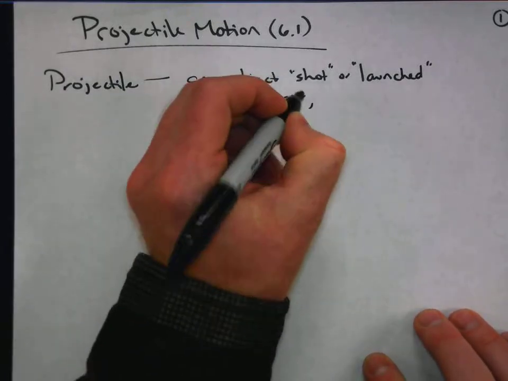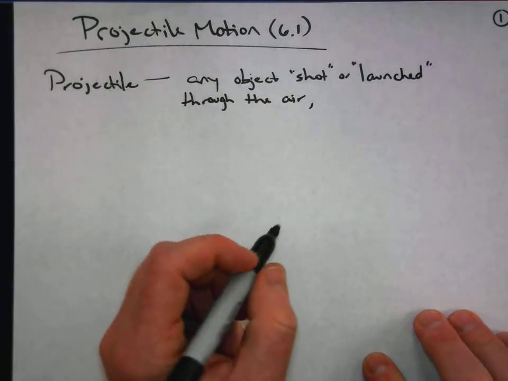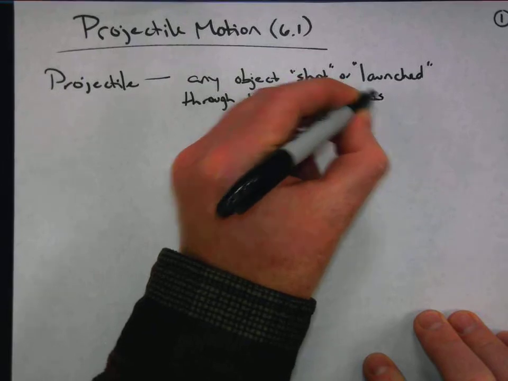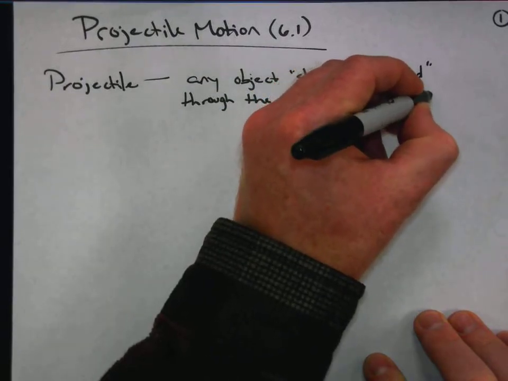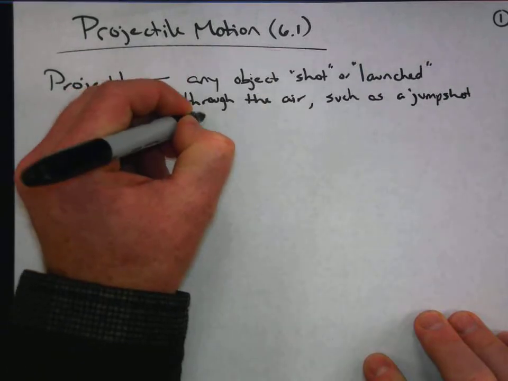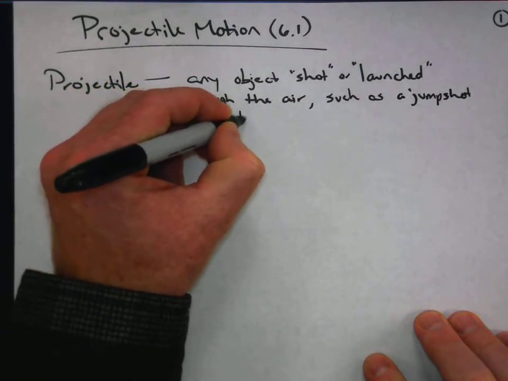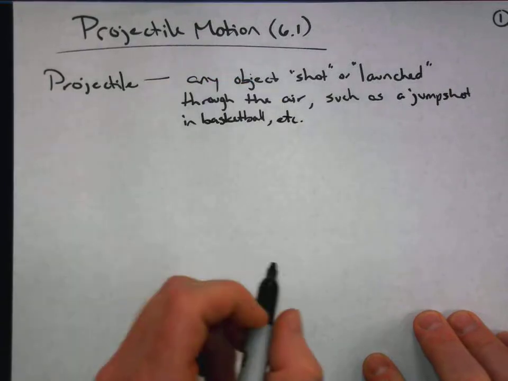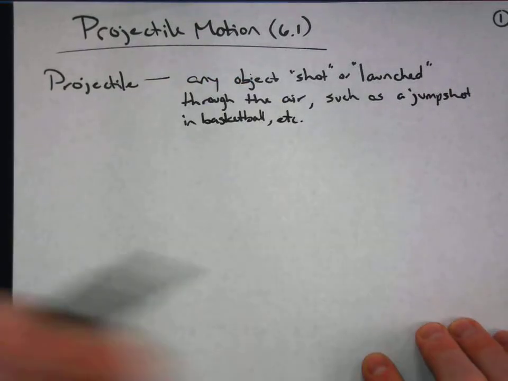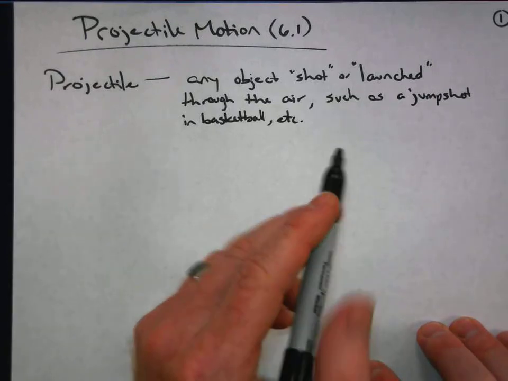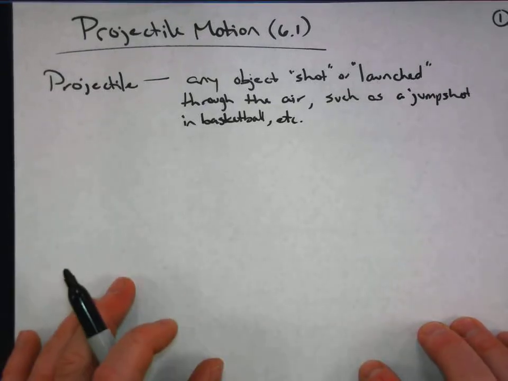But quite commonly here in the atmosphere, there are lots of examples, such as a jump shot in basketball, and lots of others. It could be a frog as it leaps from one place to another. It could be a bullet fired from a gun. You can imagine almost anything, right?